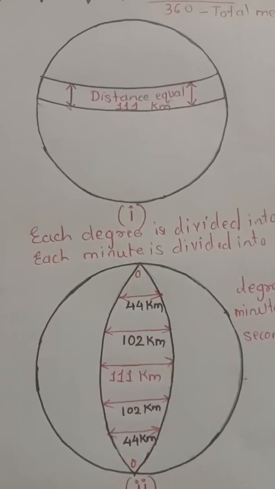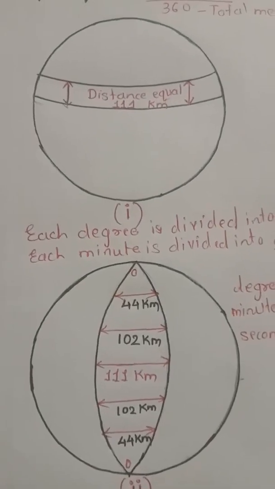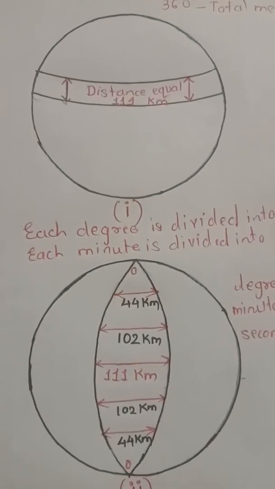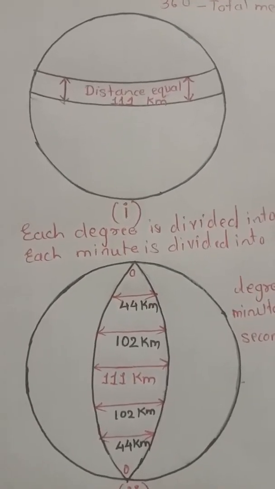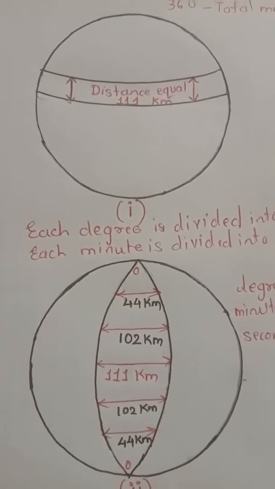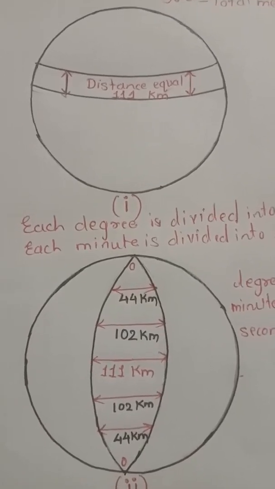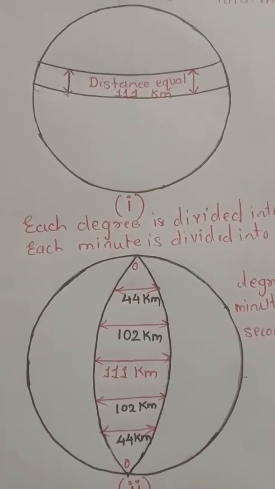So according to calculation, 111 kilometer is also a big distance. To exactly locate a place within this distance, we have to divide degrees into smaller units. Degrees are divided into minutes and minutes are divided into seconds.